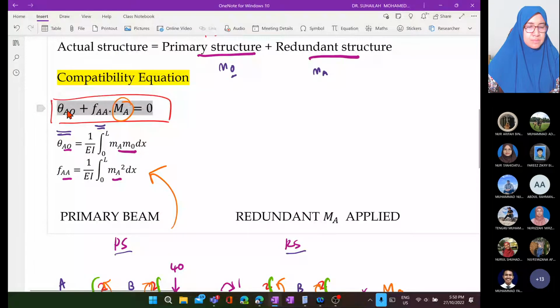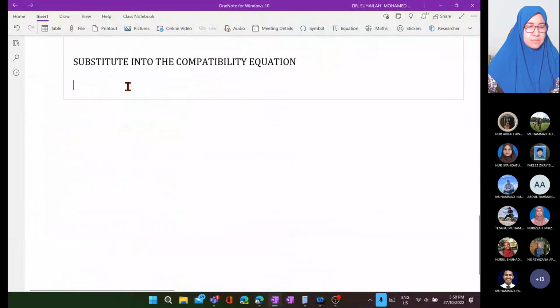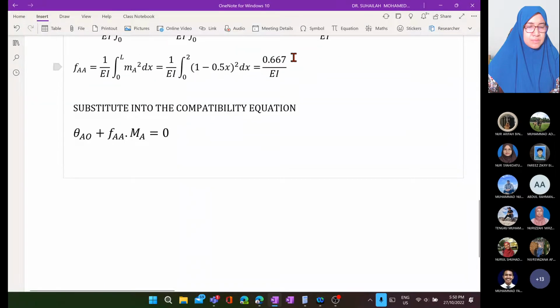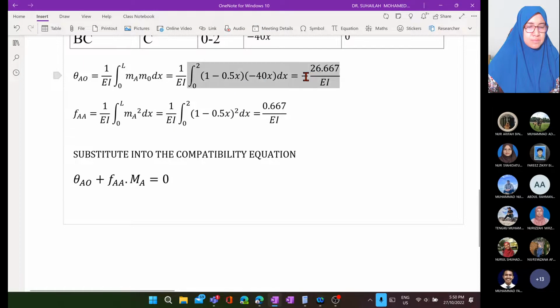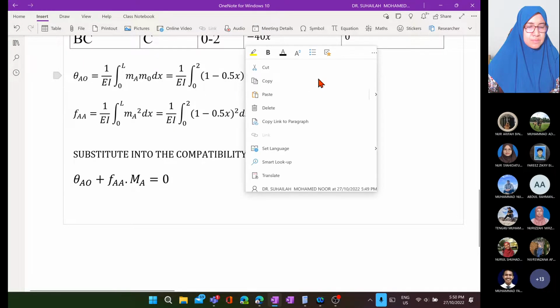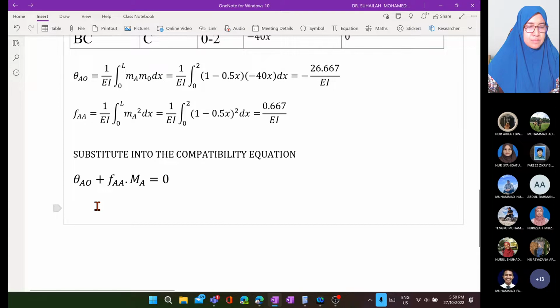Theta A naught plus FAA. Okay, this is the equation, so we just need to substitute. Negative, plus with this.